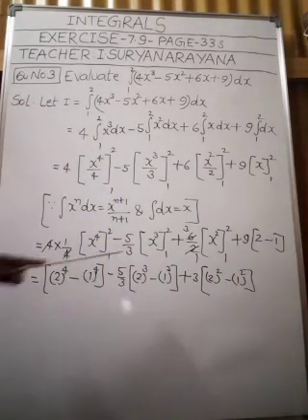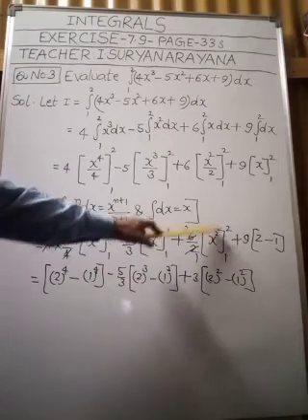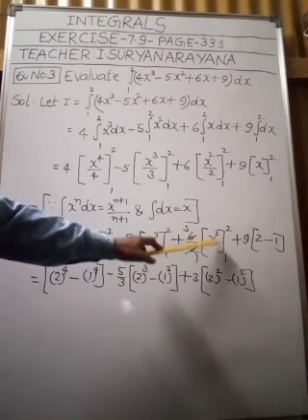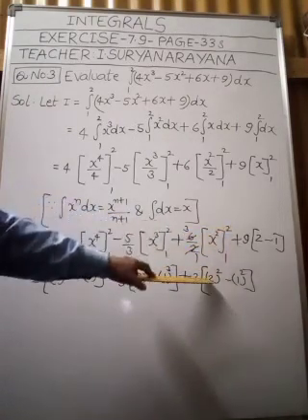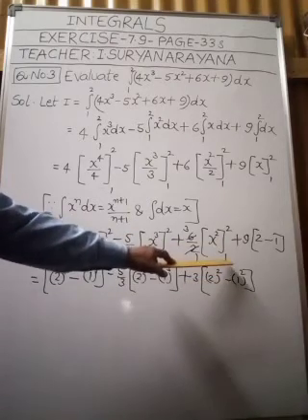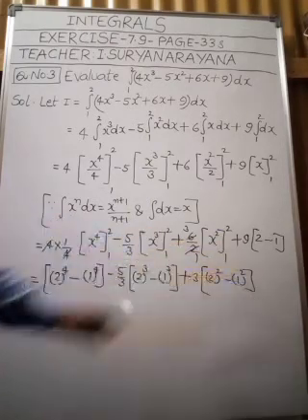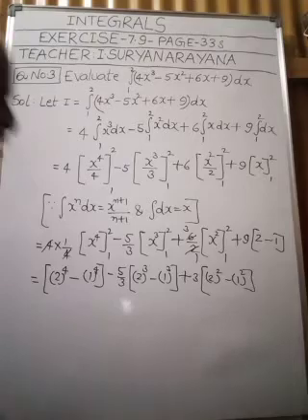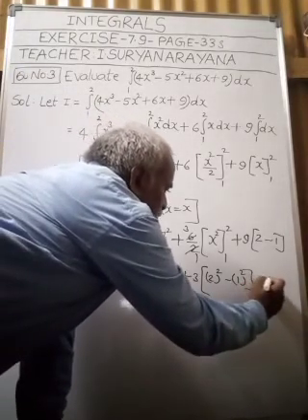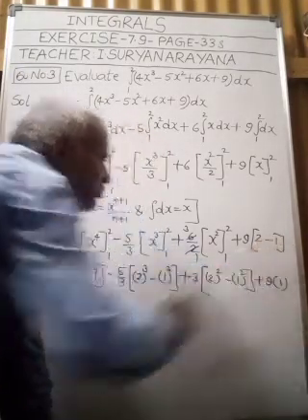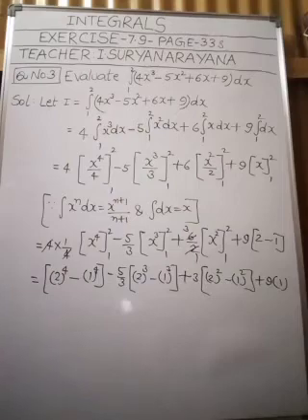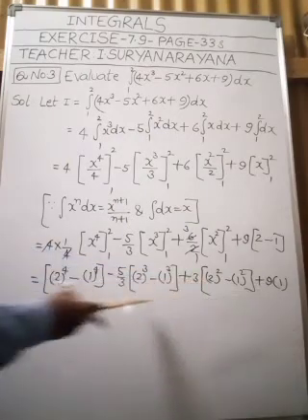We follow the same steps here also. Upper limit minus lower limit. In this function, we substitute upper limit, that is 2 whole square minus lower limit 1, so 1 whole square. Understood this step? Plus 9 into what we will get in these brackets, 2 minus 1, 1. Understood this step?